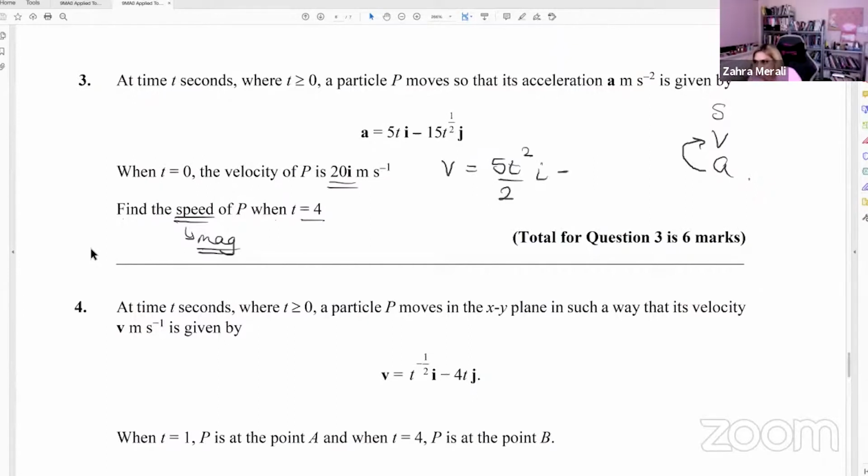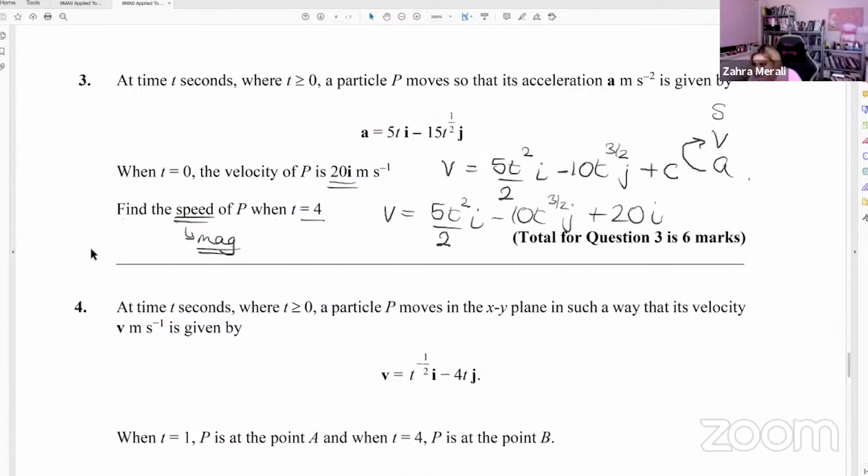A half plus 1 is going to give you 3 over 2. 15 divided by 3 over 2 is going to give you 10. And we've got a plus c. But we know when t is 0, so put zeros into everything, we get c as 20i.